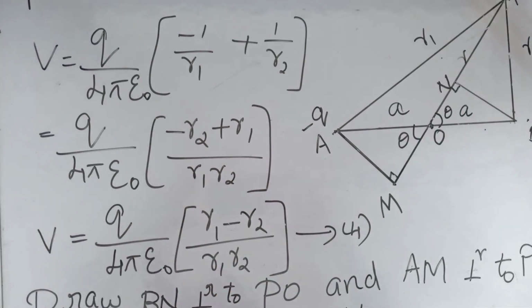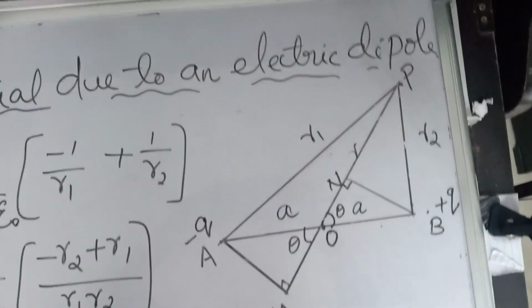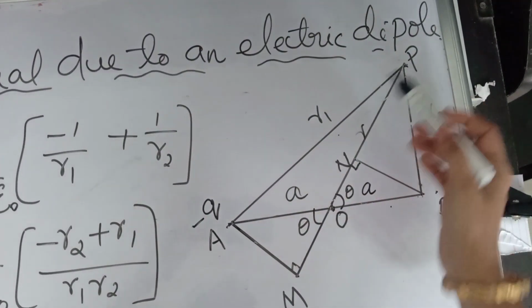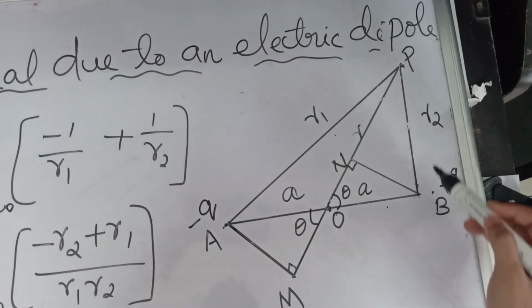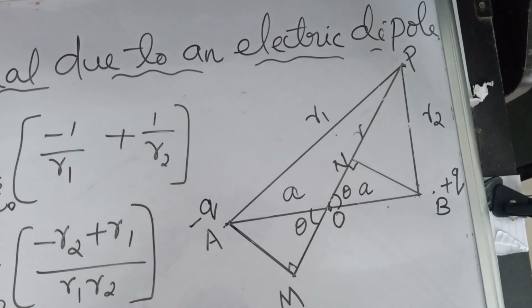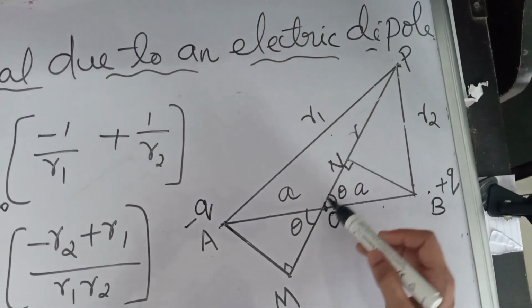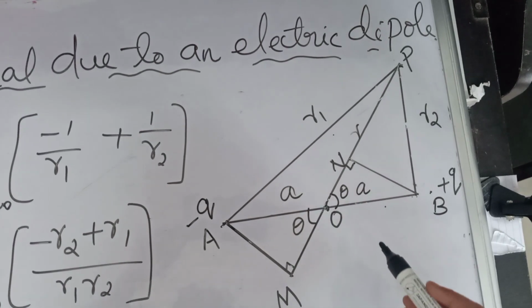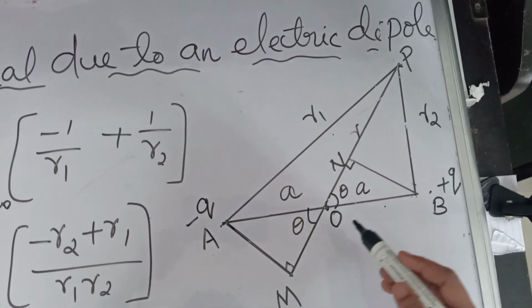Then for that, here we can consider the diagram. See the distances. Here we can see this R1 and this R2. They are not the same, right? The length is not the same, and this is not equal to R also. So one thing we can do is draw a perpendicular, that is BN.